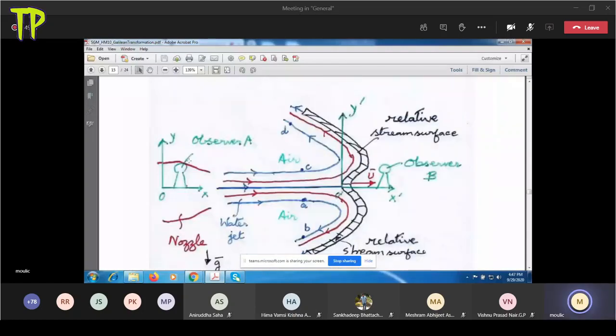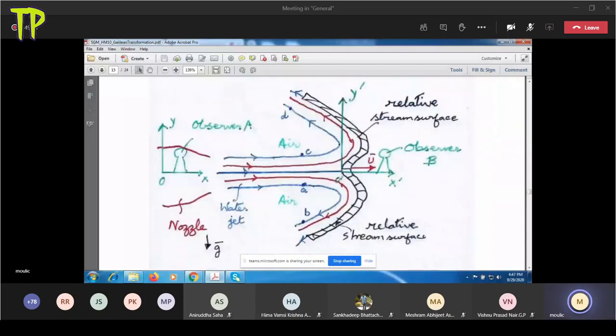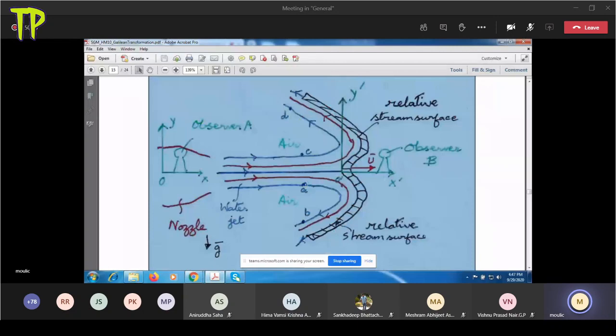So therefore, if I look at point A and point B, I cannot say that the pressure at point A, which is of course equal to the pressure at point B because of atmospheric pressure, and the change in the potential energy is usually negligible. This is an enlarged view. So the question is, is the velocity at point A equal to the velocity at point B?